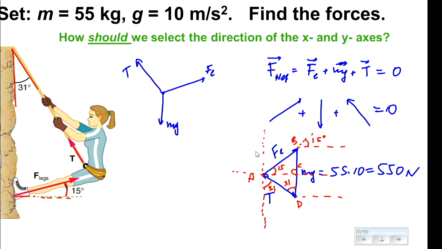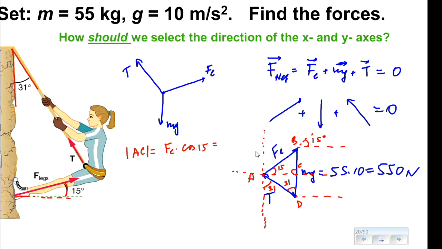Example, the side AC. From the top triangle, it's related to FL. From the bottom triangle, it's related to tension. From the top triangle, AC should be equal to hypotenuse FL times cosine of 15 degrees.